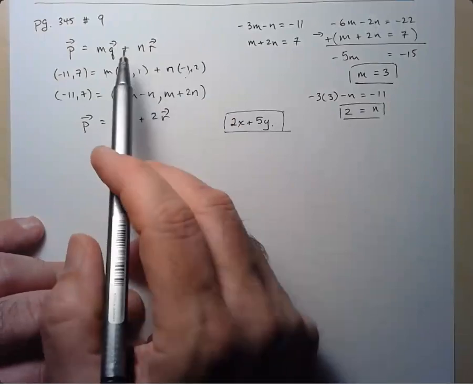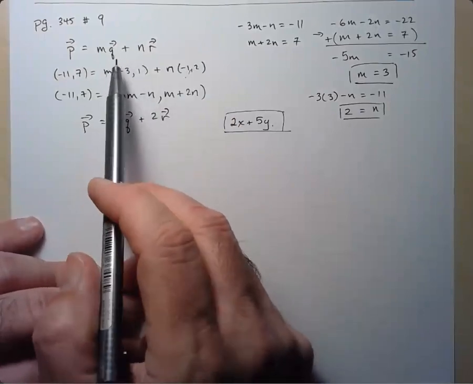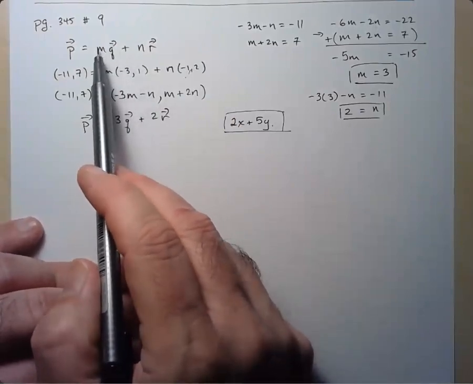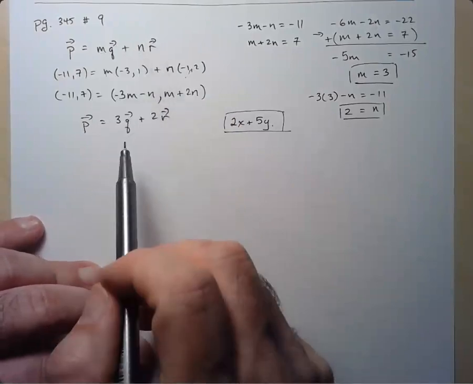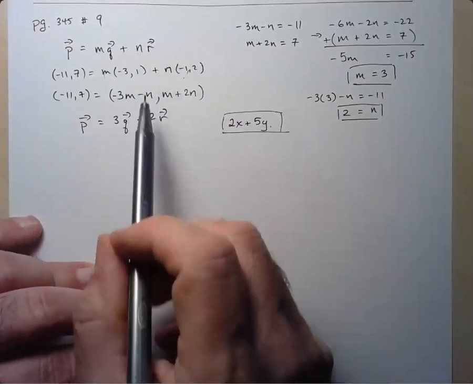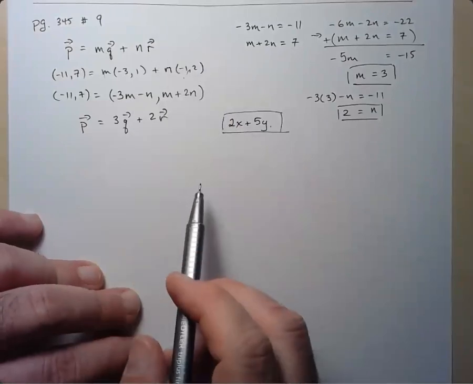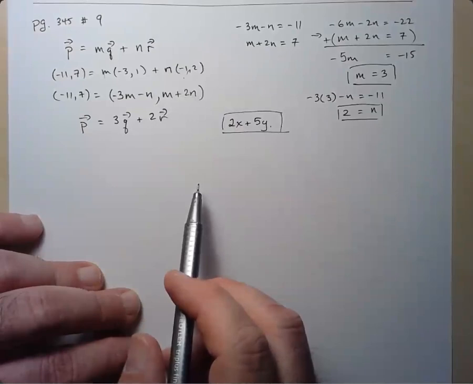When we talk about a linear combination of vectors, we're talking about being allowed to multiply those vectors by scalar multiples and then adding them together. Okay, does that answer the question?